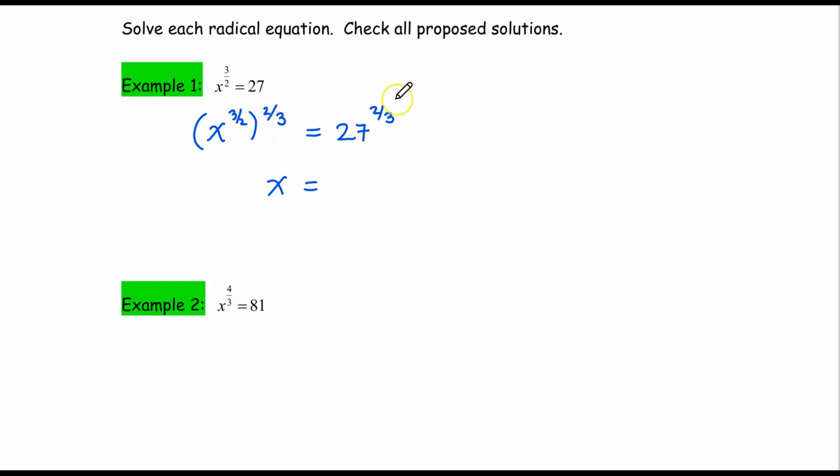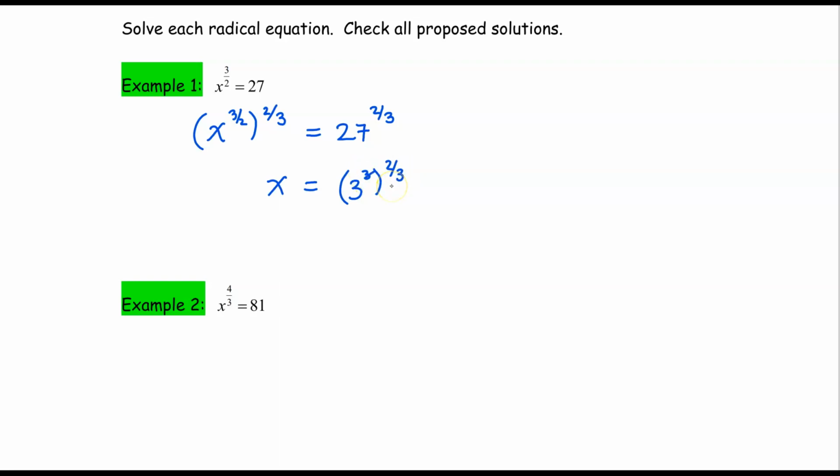And then we go ahead and solve for 27 raised to 2/3. You could plug this into your calculator, or without using a calculator, you can express 27 as a power of 3. We know 27 is 3 cubed, that's 3 times 3 times 3, raised to 2/3. Then by using laws of exponents, we're multiplying the exponents here.